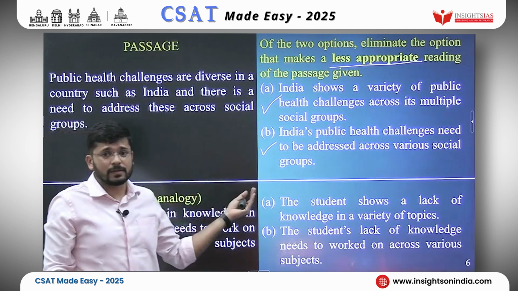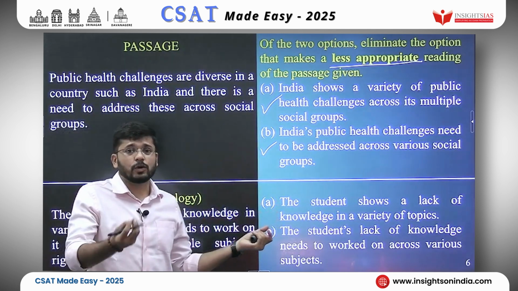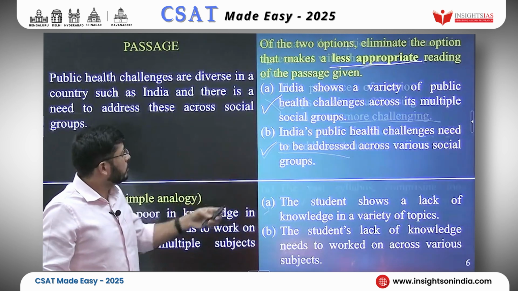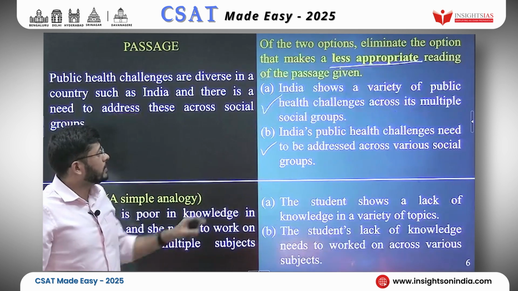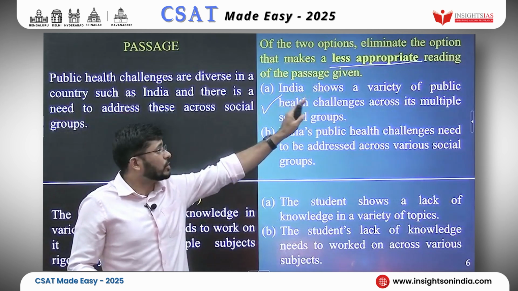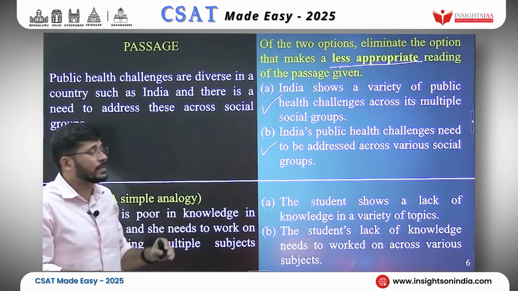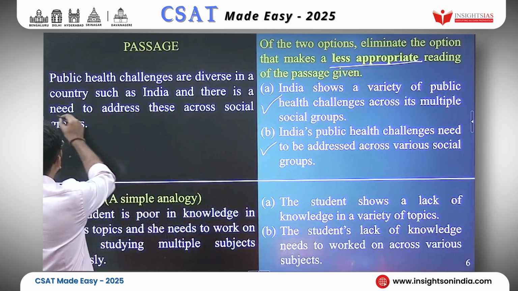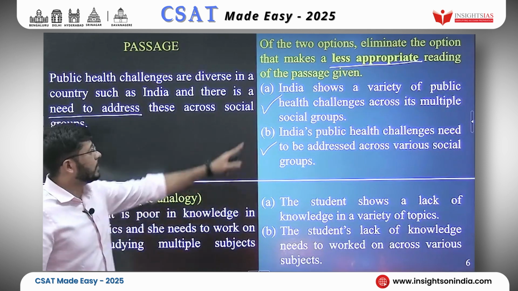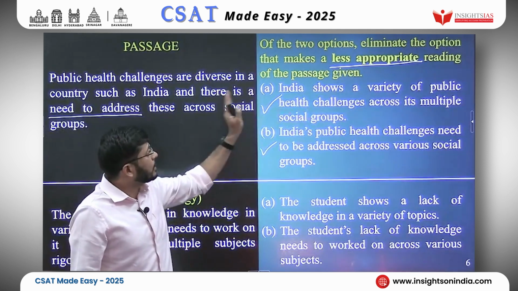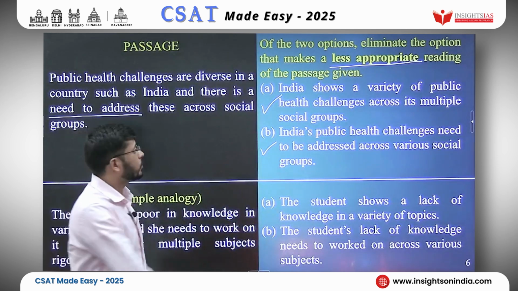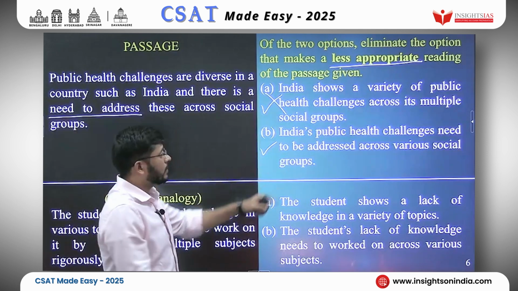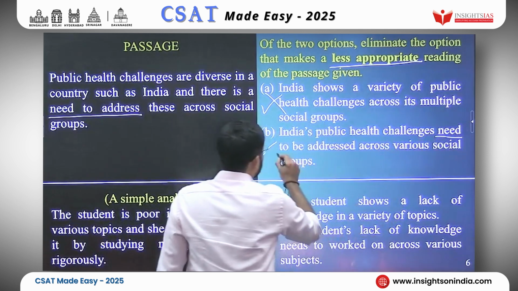Just like the previous option did not carry the tone of the passage, similarly this one does not carry the gist of the passage. Here the gist is the need to address, but this one does not talk about it. India shows a variety of public health challenges across its multiple social groups, but this one says it needs to be addressed.